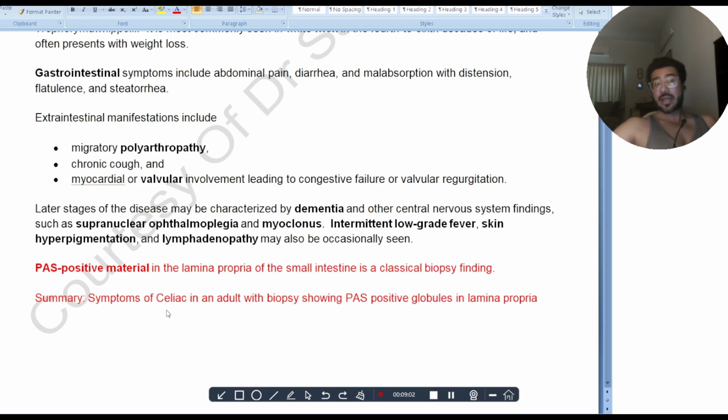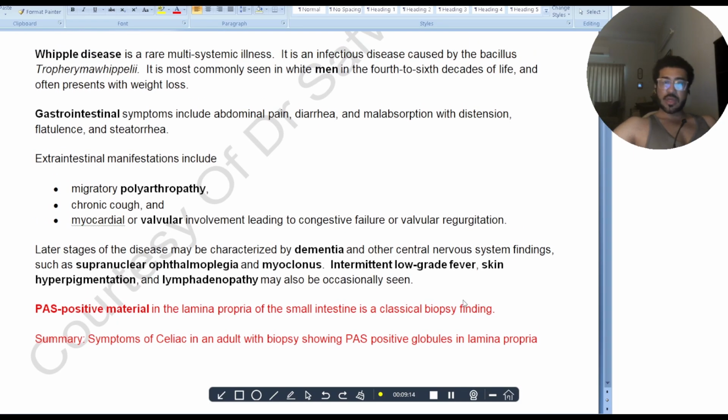So you feel like the adult is having symptoms of celiac disease, and the biopsy of the GI tract shows PAS positive globules in the lamina propria. This is the way you're going to catch Whipple disease. You're going to feel like the adult has symptoms of celiac disease like iron deficiency anemia, chronic diarrhea, steatorrhea, malabsorption, weight loss, and symptoms of depression.